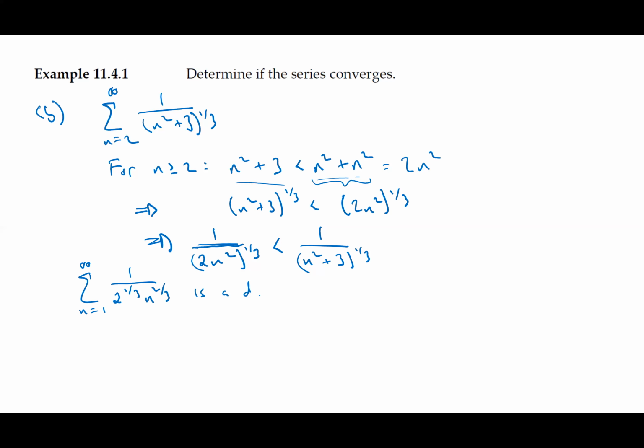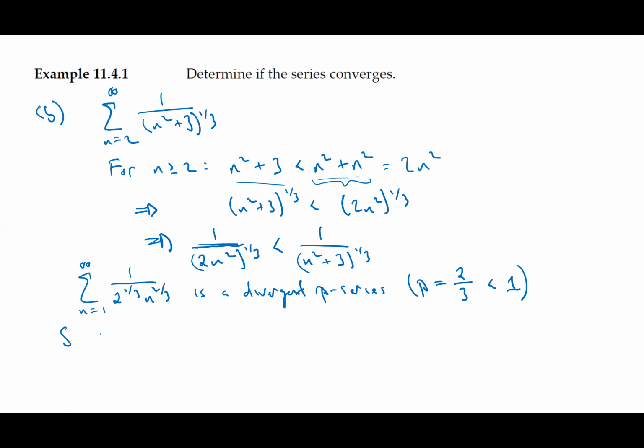This is a divergent p-series. How do I know? Well, my p is 2/3. Whoa, which is lacking in penmanship. My p is 2/3. It's less than 1.